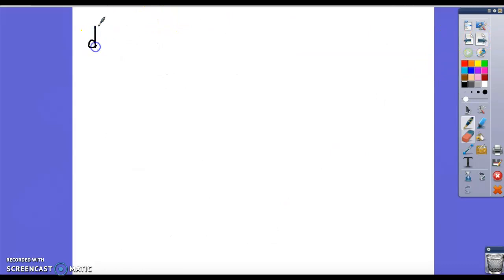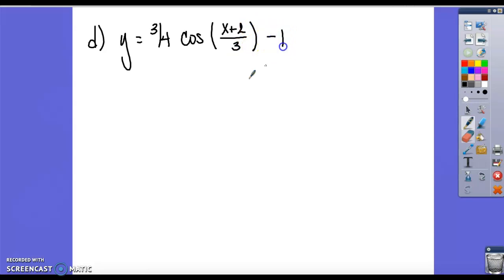Okay, last one. Let's say that we have y equals 3/4 cosine of x plus 2 divided by 3 minus 1. I'm going to rewrite this a couple different times.